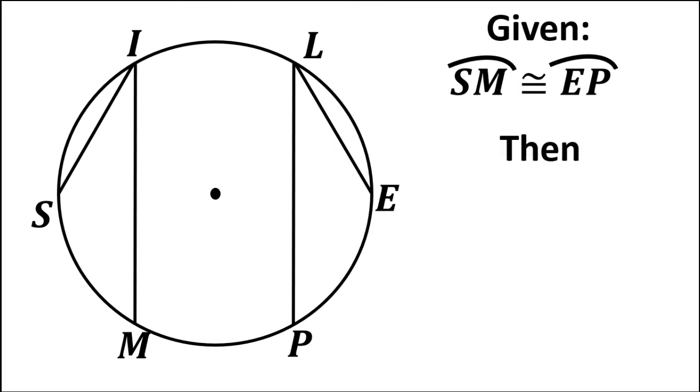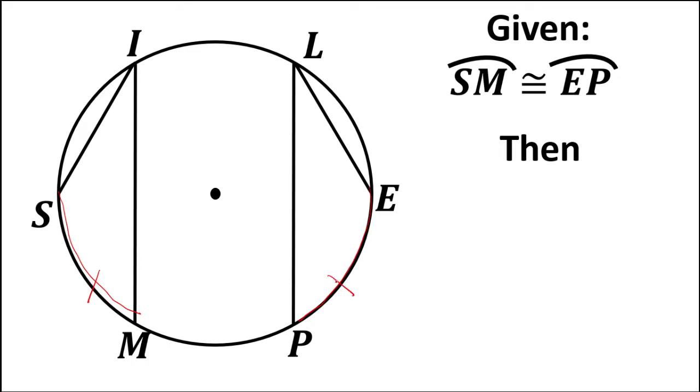Next. Say, in given naman, sabi niya, if there is a condition, say, for example, we have the given circle with two inscribed angles, angle SIM and angle PLE. According to the given, arc SM is congruent to arc PE.